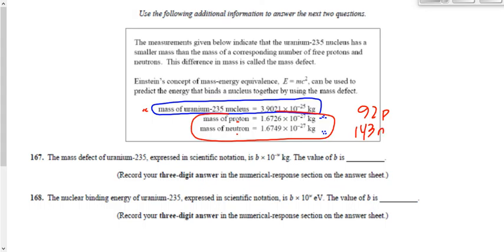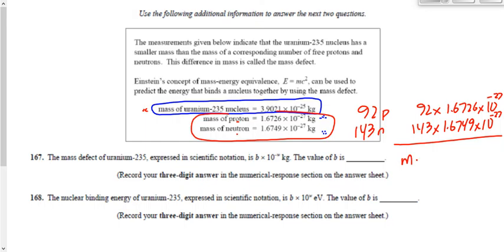What you got to do here is multiply 92 times 1.6726 times 10 to the minus 27 and 143 times 1.6749 times 10 to the minus 27. Get the mass of the nucleons, right? Because there's that many protons and neutrons in that nucleus. And then subtract it from the mass of the nucleus itself.